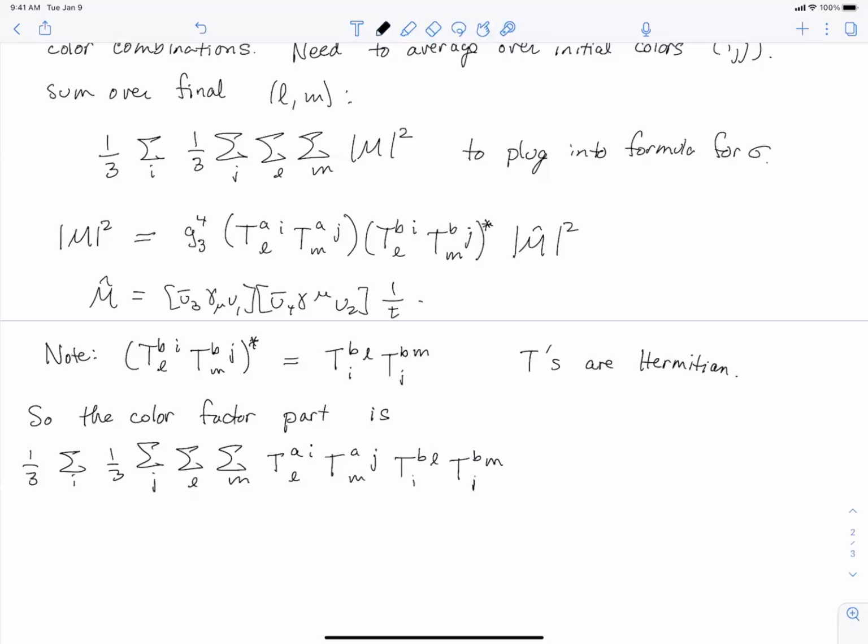I should say the reason we used B rather than A is back up here, we were summing over the A's. And so when we sum over them again, we want to use a different letter so that we don't get these A's confused with those B's.